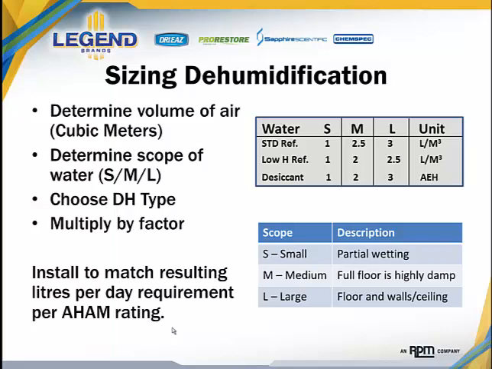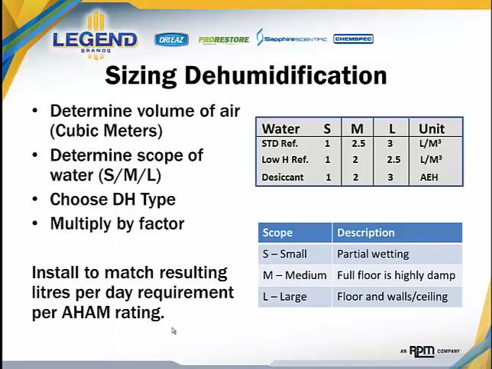Describing these very generally, a small scope would be partial wetting of an area. For example, only 20 or 30% of a floor and a very small portion of wall assemblies are affected within that entire space. In a medium scope, we're looking at an entire floor that is highly damp. In a large scope, we are looking at floor and walls and/or ceiling that are also affected.